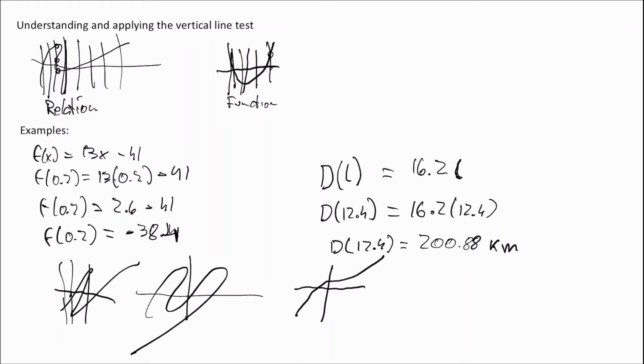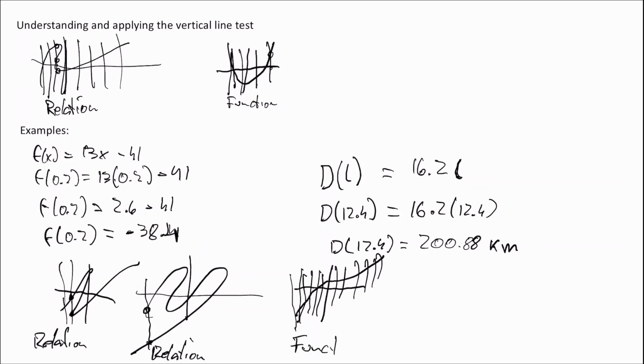Here I can already identify that my line crossed more than once. Relation. Okay. Draw a vertical line, bam, hit twice. Relation. And now if I draw my line, hit once, hit once, hit once, hit once, only once. It never hits more than once. My line never hits my graph more than once. So this is a function.